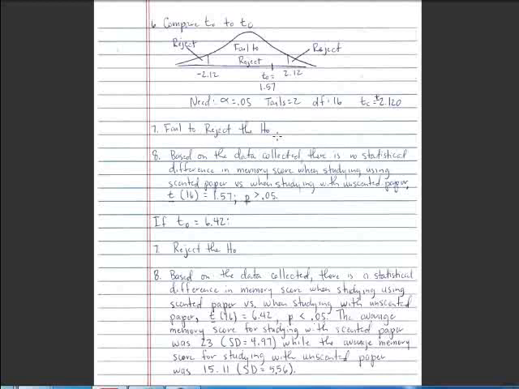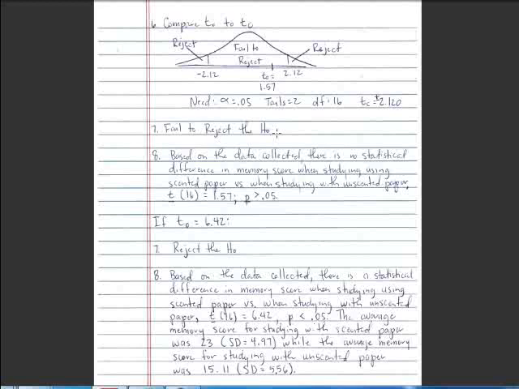Now, let me stop and make a comment here. Stop and think about, what does the null hypothesis say? The null hypothesis says that there is no difference between the means. So the null hypothesis says there is no difference between the mean of the scented group and the mean of the unscented group. As researchers, we would really like to disprove that.